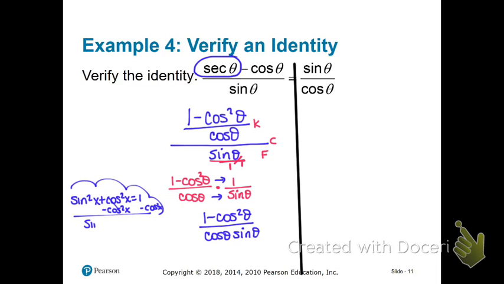So if I algebraically manipulate this one, I get sine squared is equal to 1 minus cosine squared. So 1 minus cosine squared is what we've got. What is it equal to? So we can say that sine squared of theta is equal to 1 minus cosine squared, so the numerator becomes sine squared of theta over cosine of theta times sine of theta.